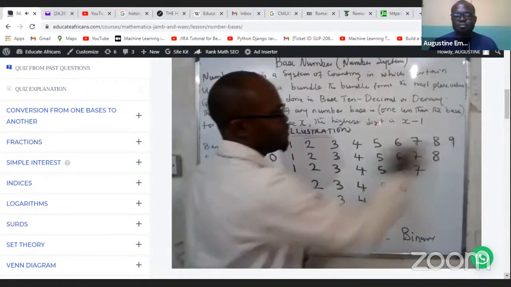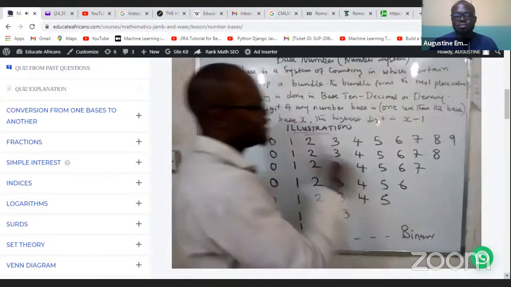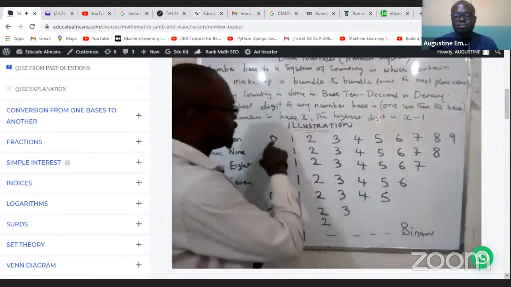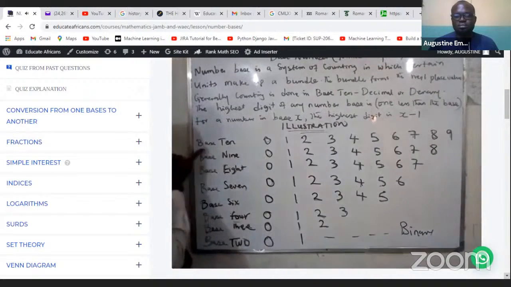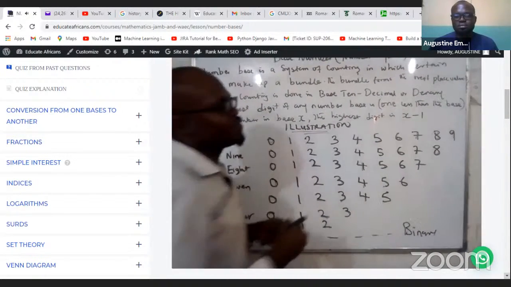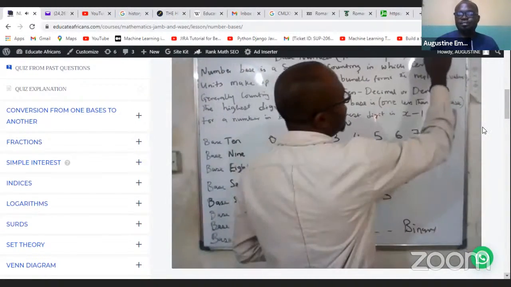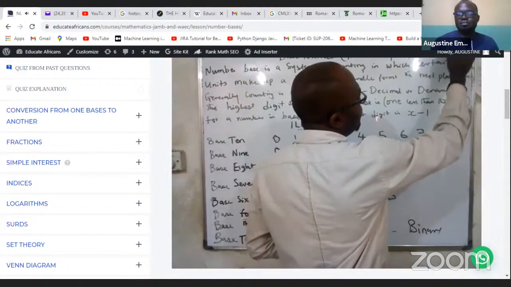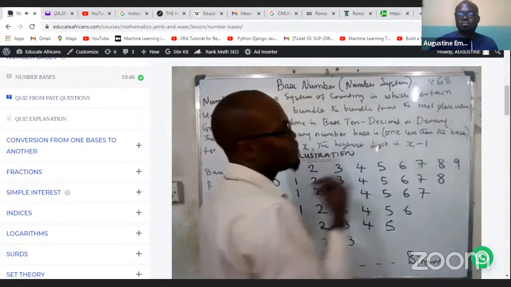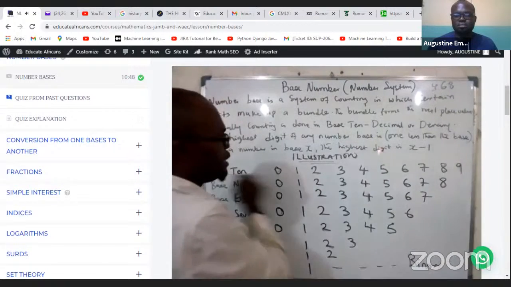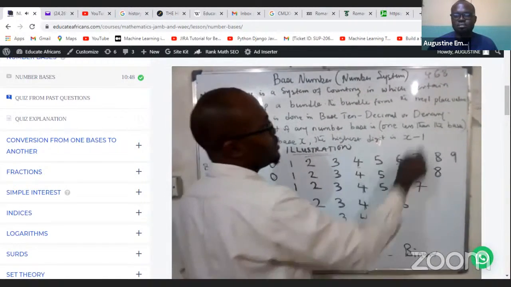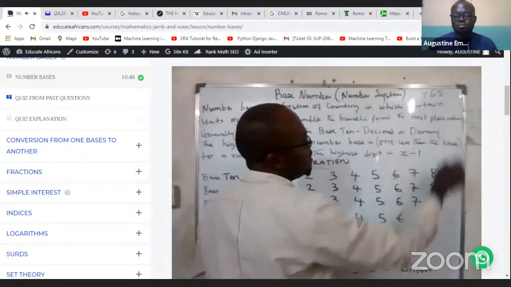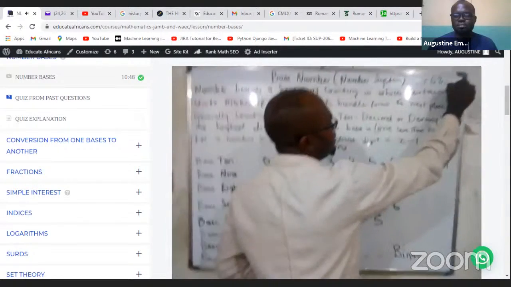Every number you're writing on this board is always from 0 to 9. You know why? Because we are always counting in base 10. You want to write 568 naira. This 5, can you find it in the 10 numbers? Yes. This 6, can you find it? Yes. This 8, can you find it? Yes. Because we are counting in base 10.